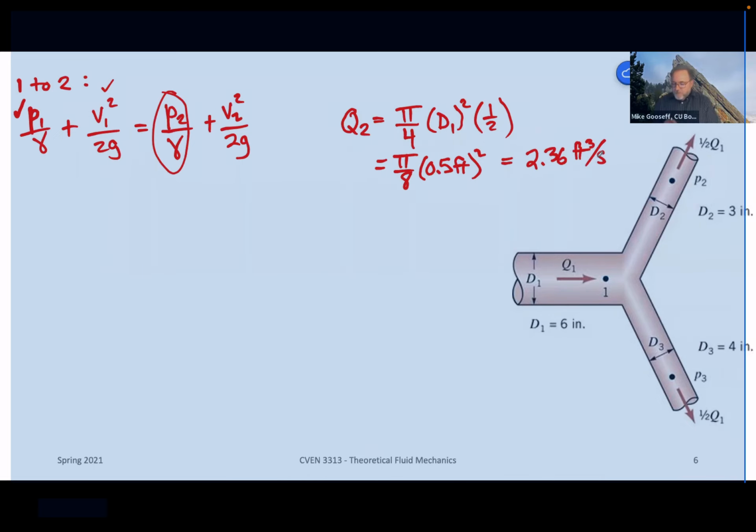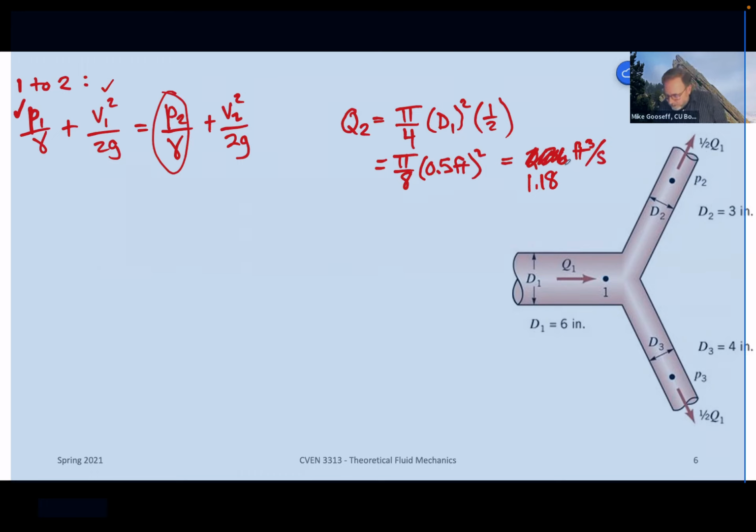Sorry, what did I do here? Nope, that was Q1. I was just calculating y. I took that a step too far. So this would be 1.23 is what we should get. Sorry, 1.18. I gave you Q1 instead. Sorry about that. So 1.18 cubic feet per second will be Q2.